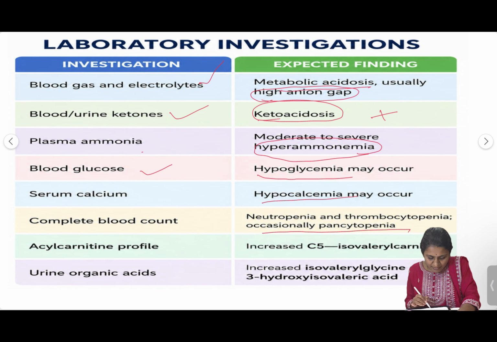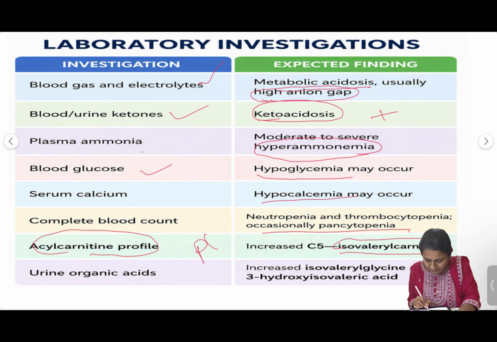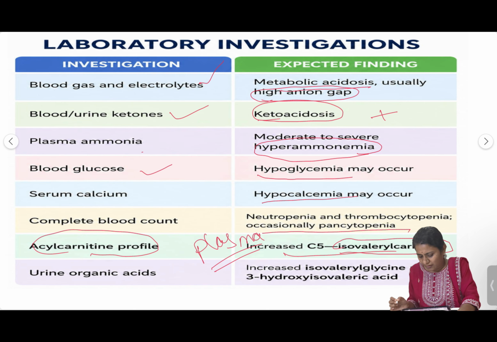So there is something called the acylcarnitine profile. I have already told, C5, that is isovalerylcarnitine, is elevated in the plasma. And isovaleric acid and 3-hydroxyisovaleric acid are present more in urine.